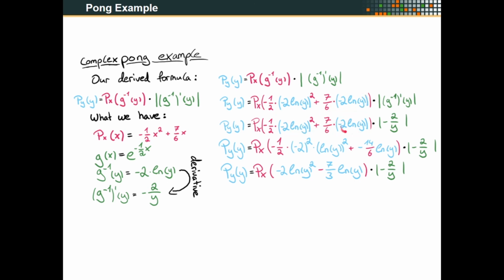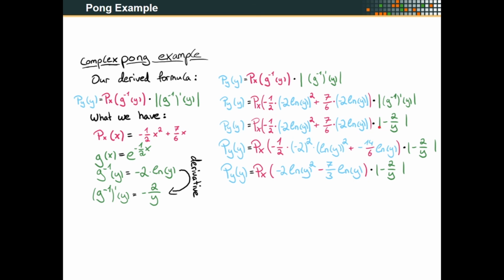In this case, every x is now substituted by minus 2 times the natural logarithm of y. The second step we need to do while transforming probability densities is to simply correct the term by the derivative of the inverse transfer function of g(x). In this case, this would be the absolute value of minus 2 over y.